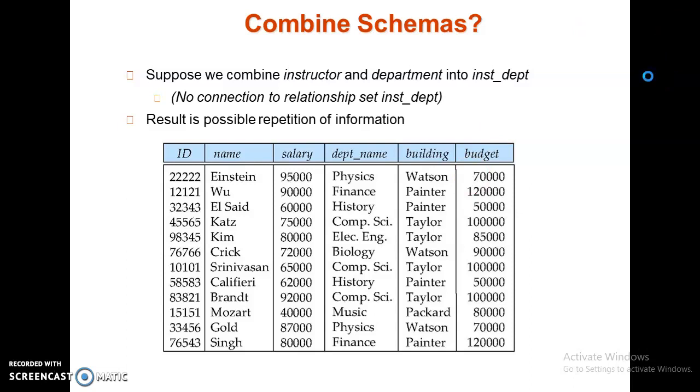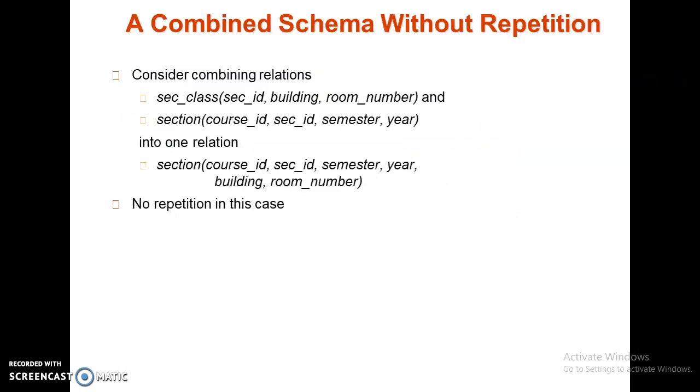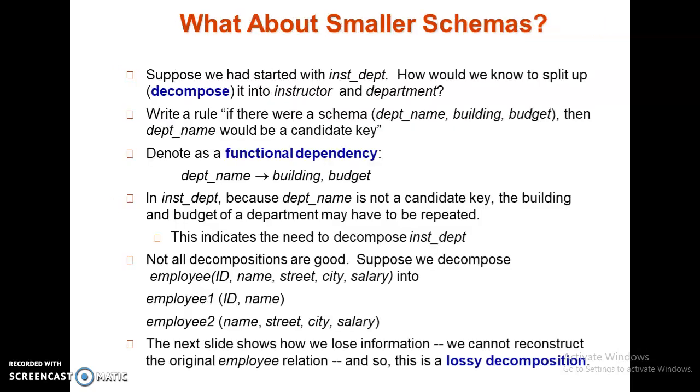What are those properties of decomposition? The two important properties of decomposition are, the first one is dependency preservation, the second one is lossless join decomposition. And I'll be addressing these two properties later on in this lecture.